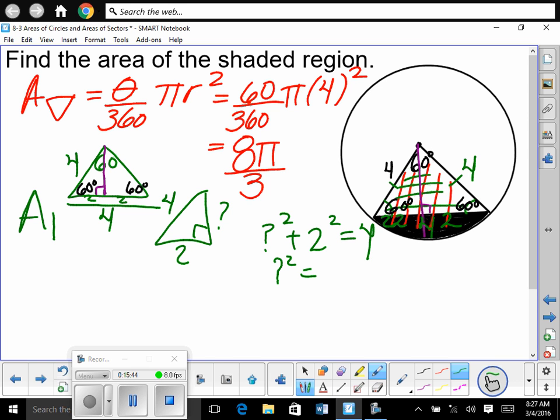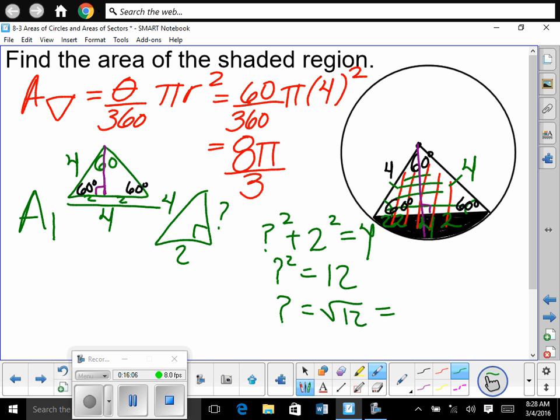Guys, what's question mark squared? We have 4 squared, which is 16, right, guys? Yes. And then wouldn't we be subtracting 4? What's 16 minus 4? 12. Okay? Then don't we take the square root? Yes. So question mark is equal to the square root of 12.